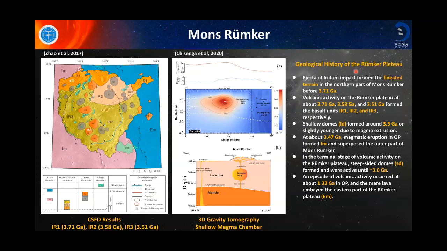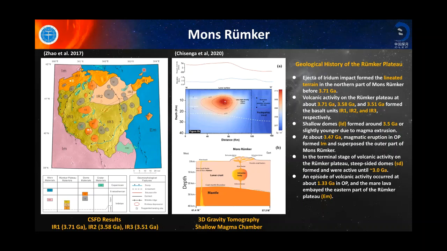So the first important event here is the Iridium impact that formed the IR1, the linear terrain in IR1, and then a major basaltic eruption in this region formed IR2, IR1, IR2, IR3, and then volcanism continues here to produce domes on Mons Rümker, like the shallow domes and the steep-sided domes, and then finally, eventually, Eratosthenian age Mare Basalts erupted and invaded the eastern part of Mons Rümker.